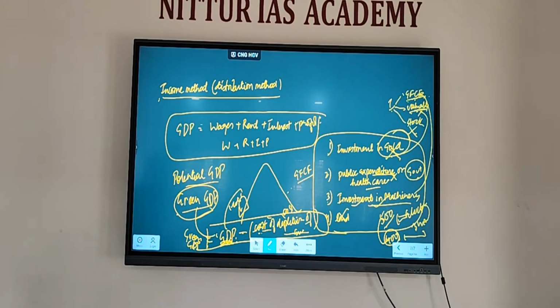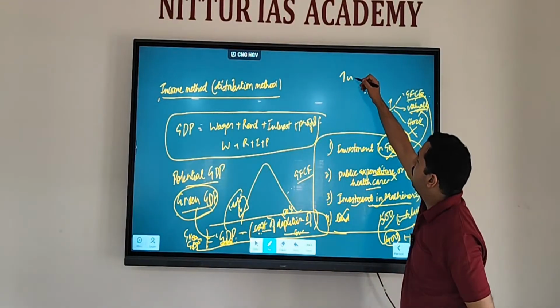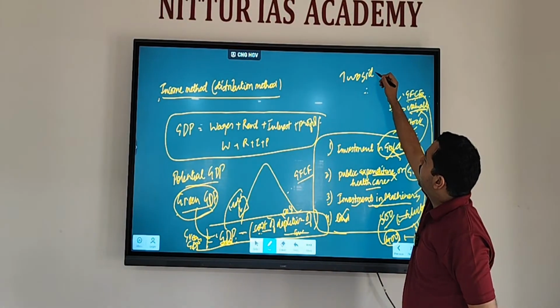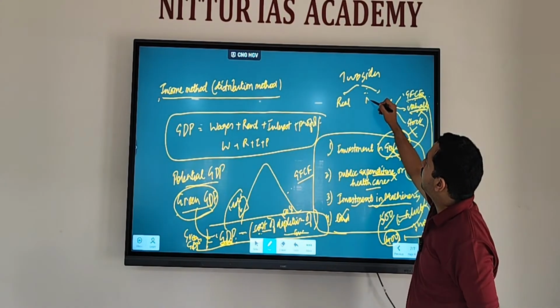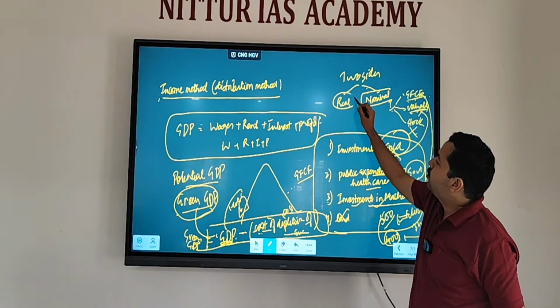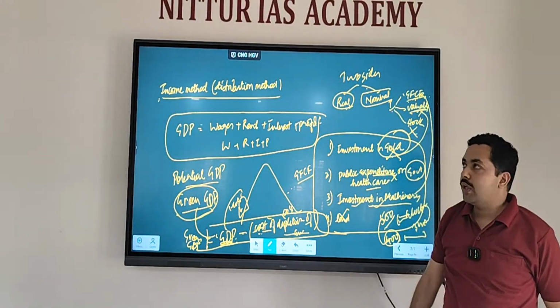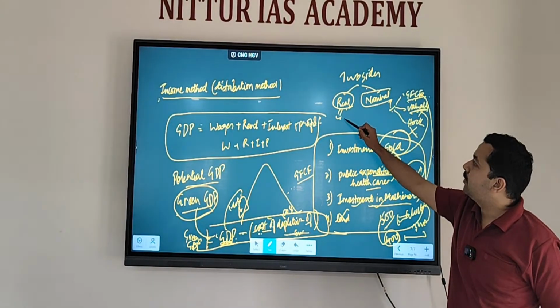One more thing you have to keep in mind is that there are two sides of the economy. One is called real, and another is called nominal. Real deals with the capital part.